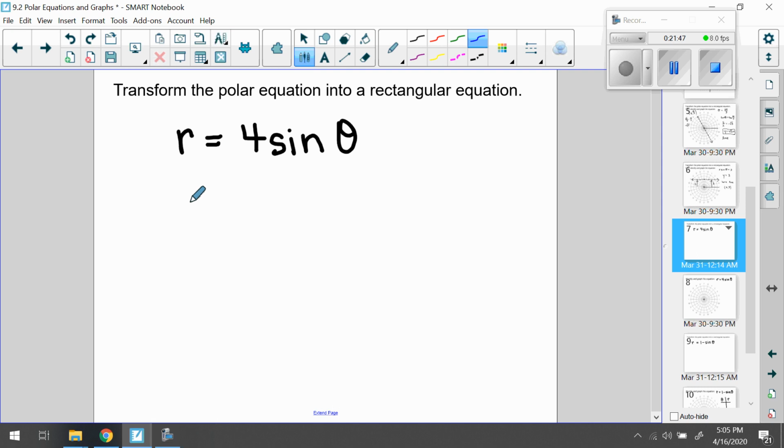So on this one, I kind of like the idea of multiplying both sides by r, so we can say r squared equals 4r sine theta. And from this, it becomes helpful to replace r squared with x squared plus y squared.